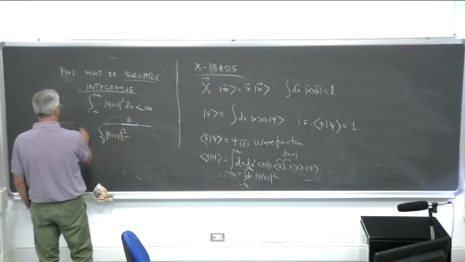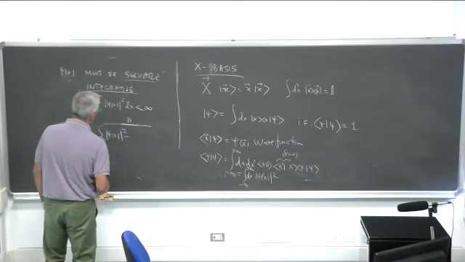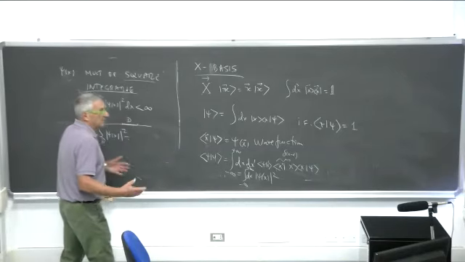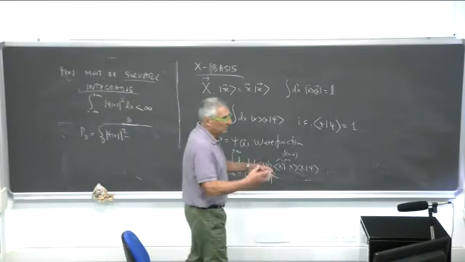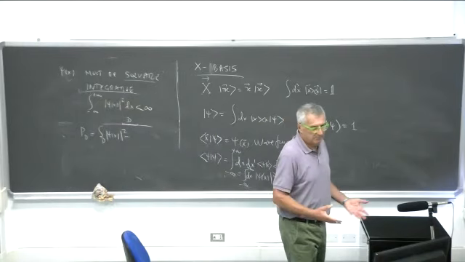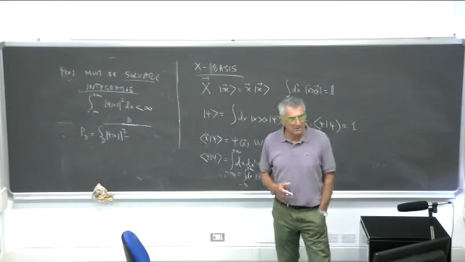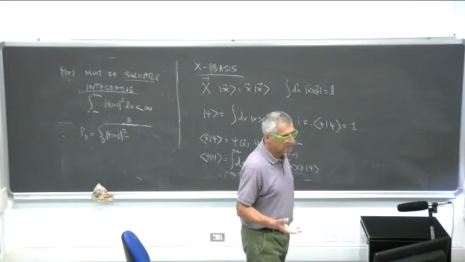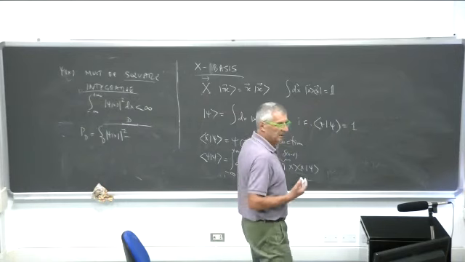This is the probability of the particle to be here. And of course, the integral over the full real line must be 1, because the probability of finding the particle anywhere in the real line must be 1. Okay, in order for the probabilistic interpretation to make sense, we should require this.